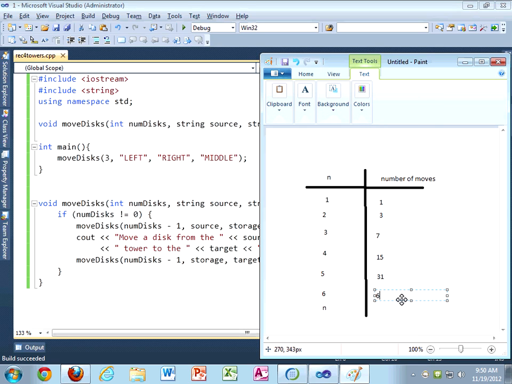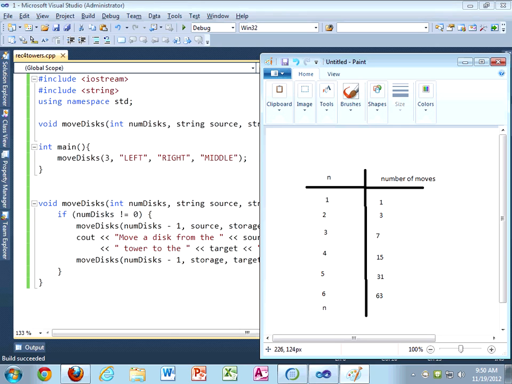6 is 63. Anybody see anything that all these numbers have in common? All odd? That's true, they're all odd. They are not all prime, right?